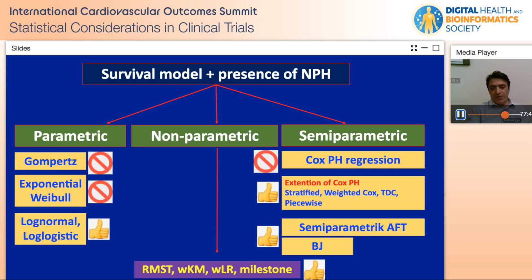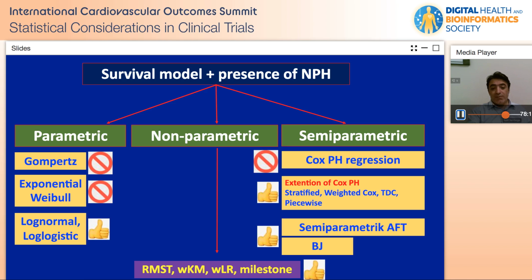Finally, I will briefly present my algorithm for survival analysis in the presence of non-proportional hazard. It wouldn't be appropriate to use parametric survival models that assume the proportional hazard assumption, such as the Weibull parametric model or the Cox proportional hazard model.